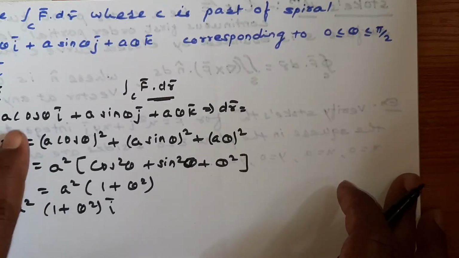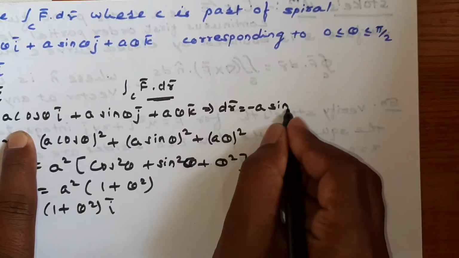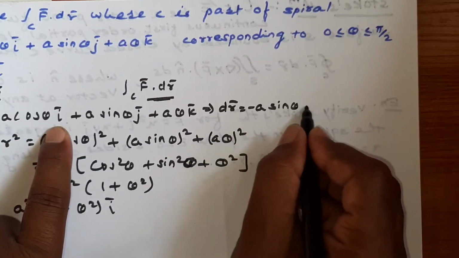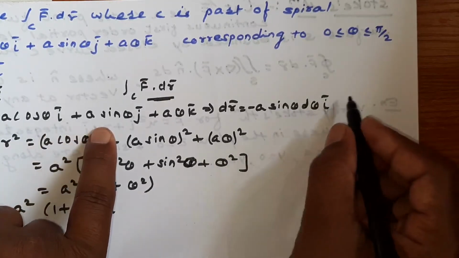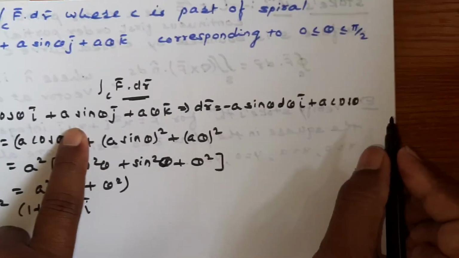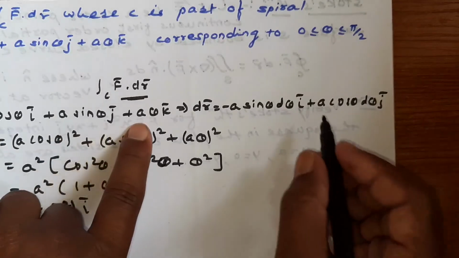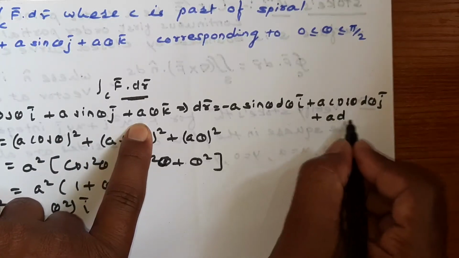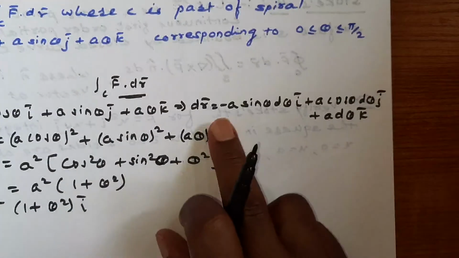A is constant, the derivative of cos theta is minus sin theta into d theta, i bar. Next one is plus a cos theta d theta j bar plus a d theta k bar. Okay, so this is my dr bar.